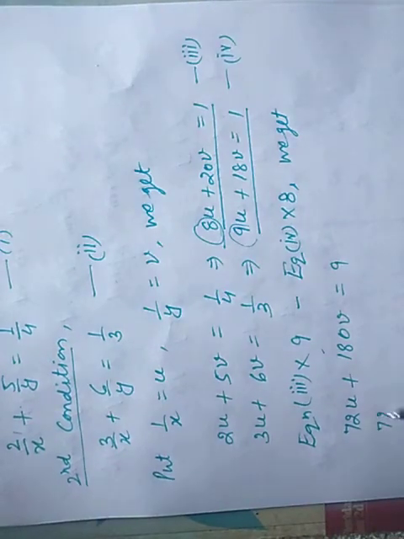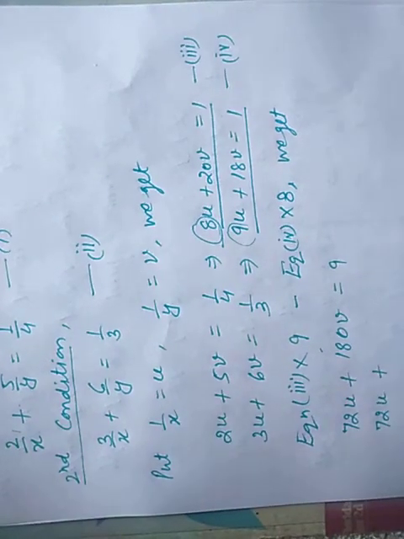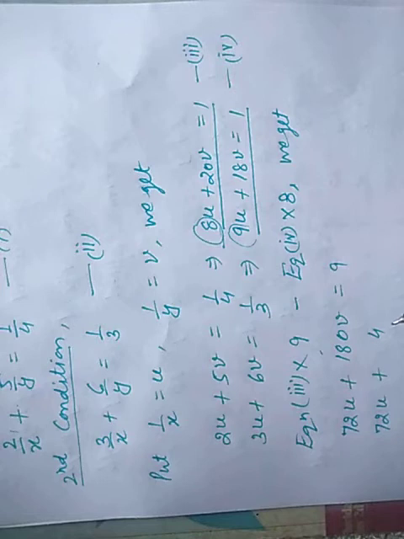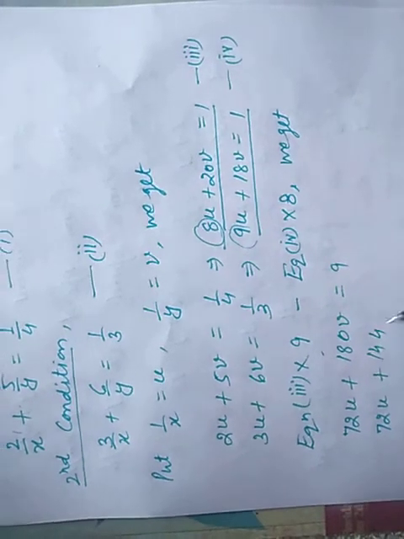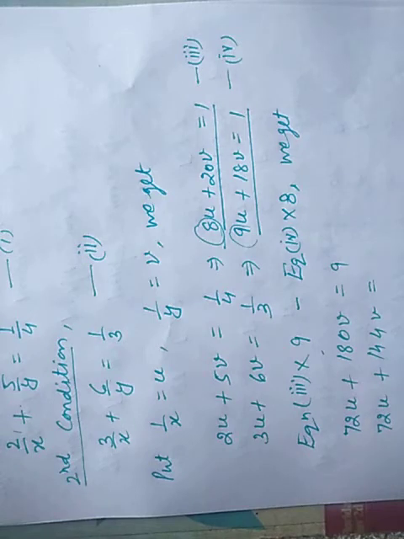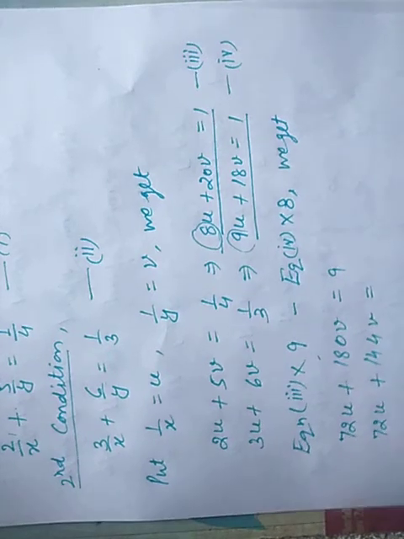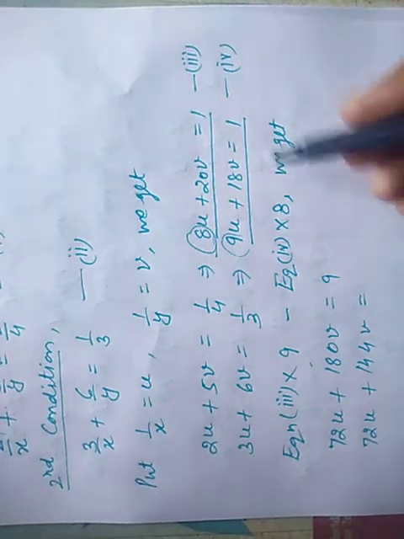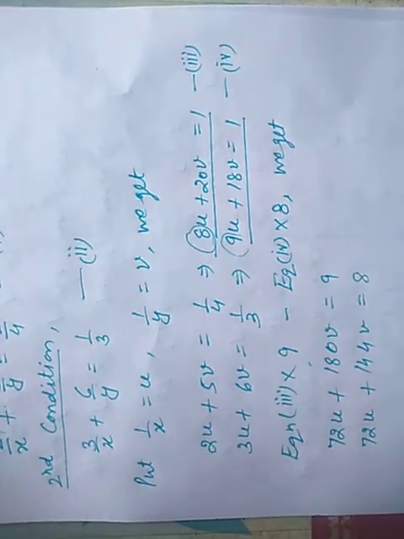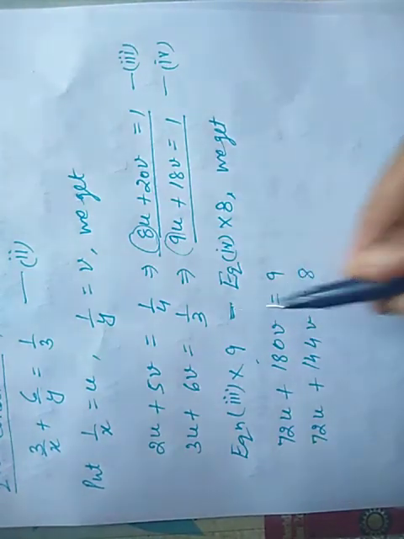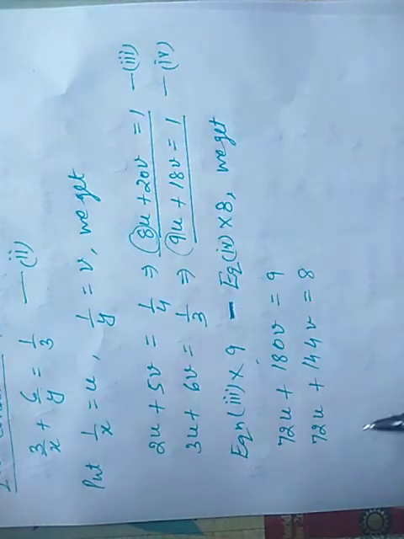So 8 9s are 72u plus 18 8s are 144v, it will be here 1 into 8, 8. Right, we are subtracting here, so sign will change.